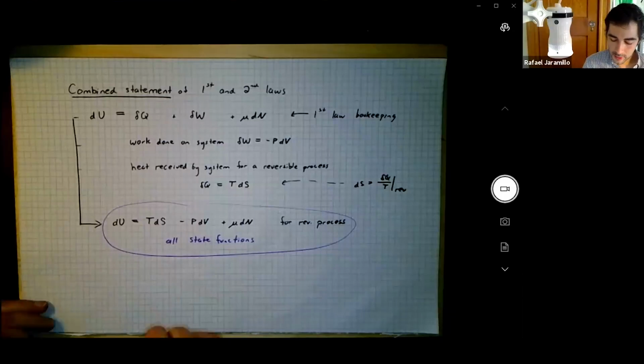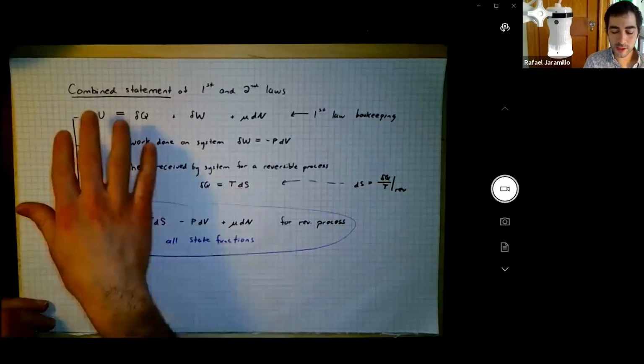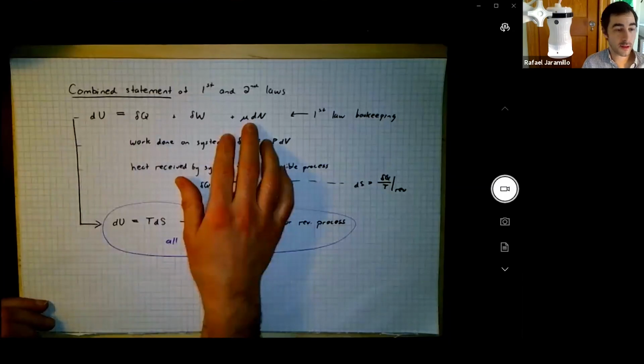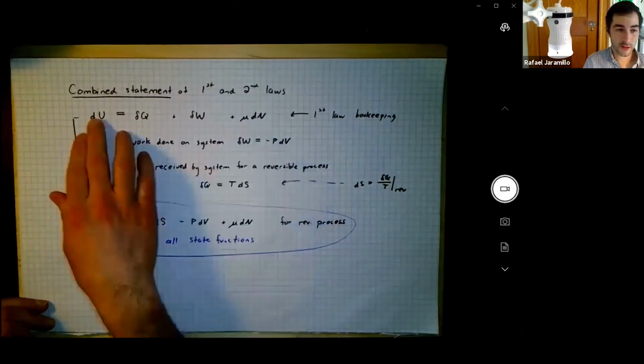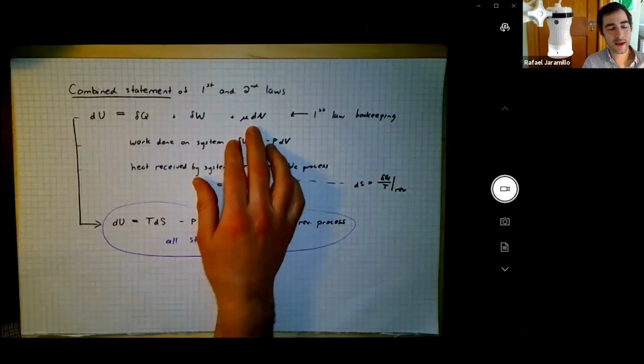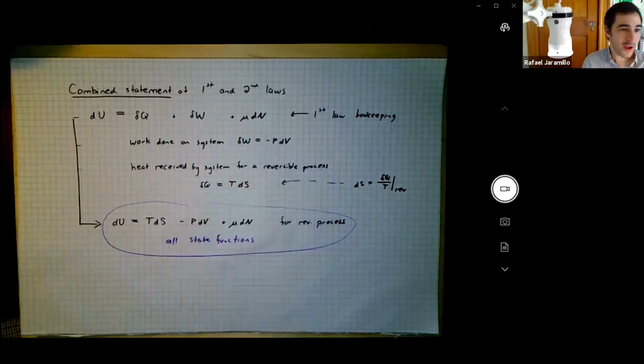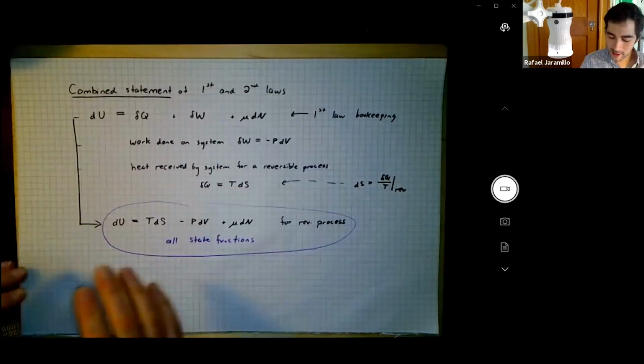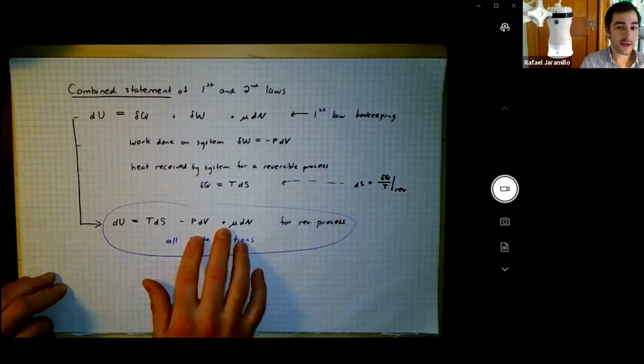So this expression is true always. This top expression is in general true. I think it's easier to understand because it's almost like your bank account, what goes in, what goes out. If you track them, you'll know the difference, right? It's a state function. This down here is not always true, and it's less obvious.